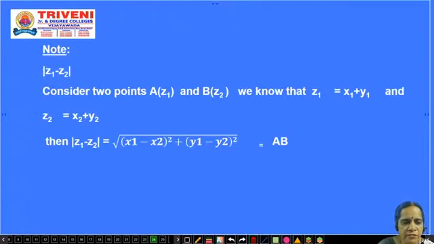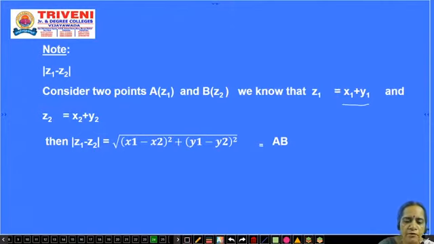And then next one, mod z1 minus z2. Consider two points A(z1) and B(z2). We know that z1 is equal to x1 plus iy1 and z2 is equal to x2 plus iy2. All of you know the distance between two points. What is the formula here? Square root of x1 minus x2 whole square plus y2 minus y1 whole square.